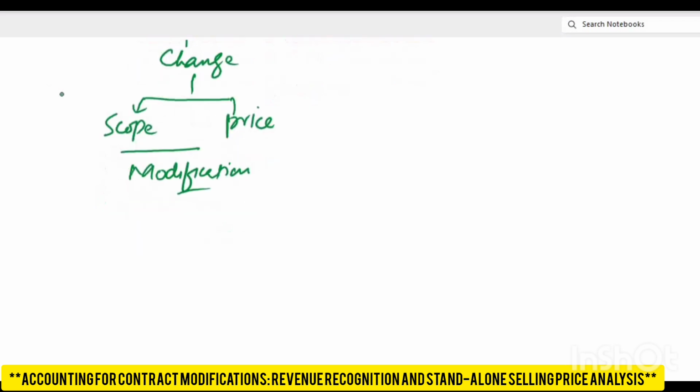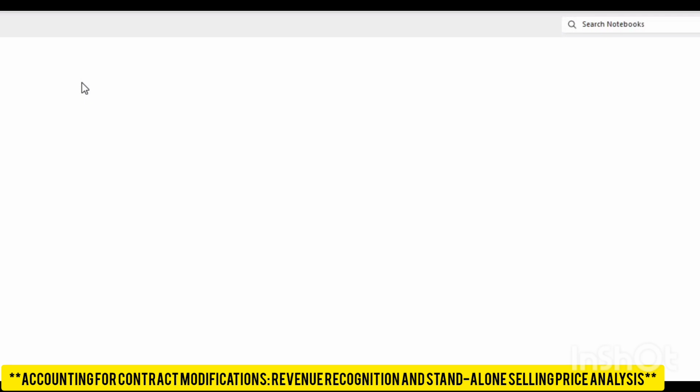So when you have a modification of a contract, how will you account for it? You have three scenarios. Let me write here how the modification is accounted for.